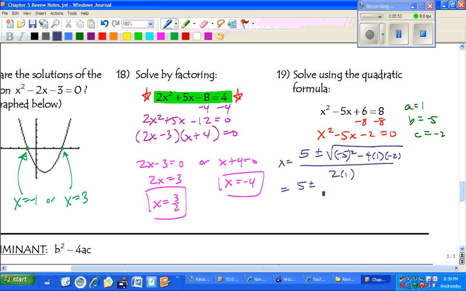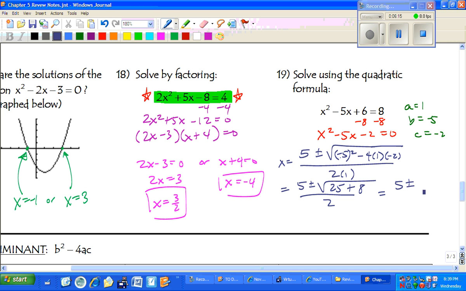Negative 5 squared, positive 25. All right, remember, negative times a negative is going to give you a positive. This first term right here under the square root should always be positive. Negative 4 times 1 is negative 4, times negative 2 gives us positive 8, all over 2.